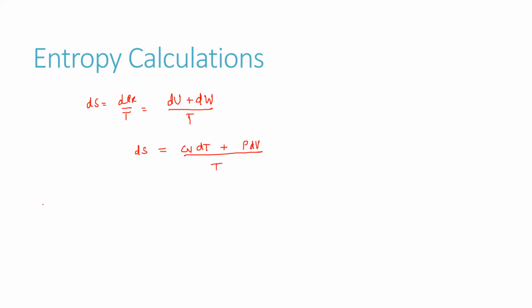So we have dS is equal to Cv dT by T plus P dV by T. Correct?